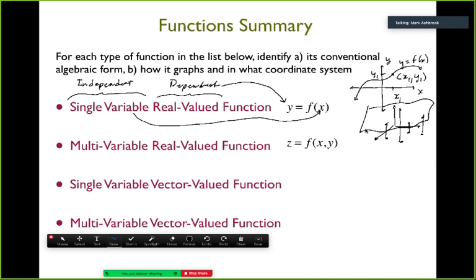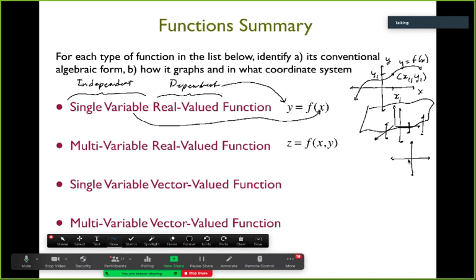A single equation of x, y, and z makes a surface. But there was another way that we were able to graph these actually in R2. Do you remember what that was? We could actually represent these in R2. Someone said it: contour plots. A contour plot, right?